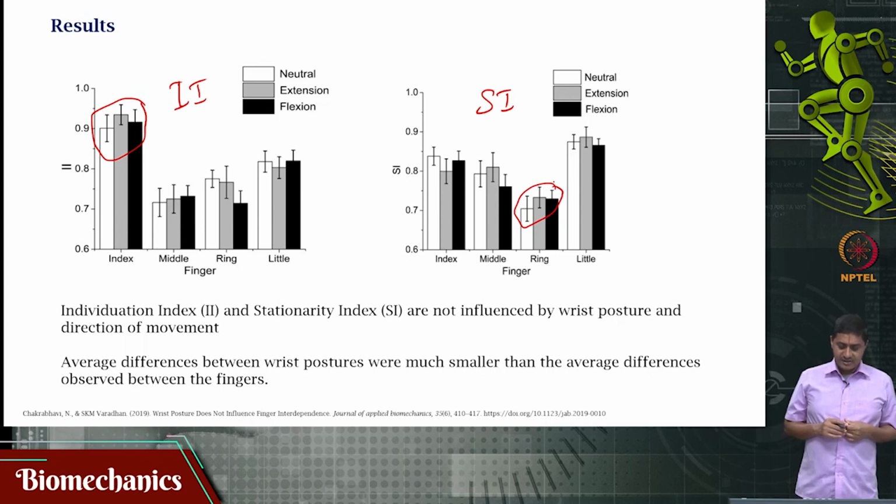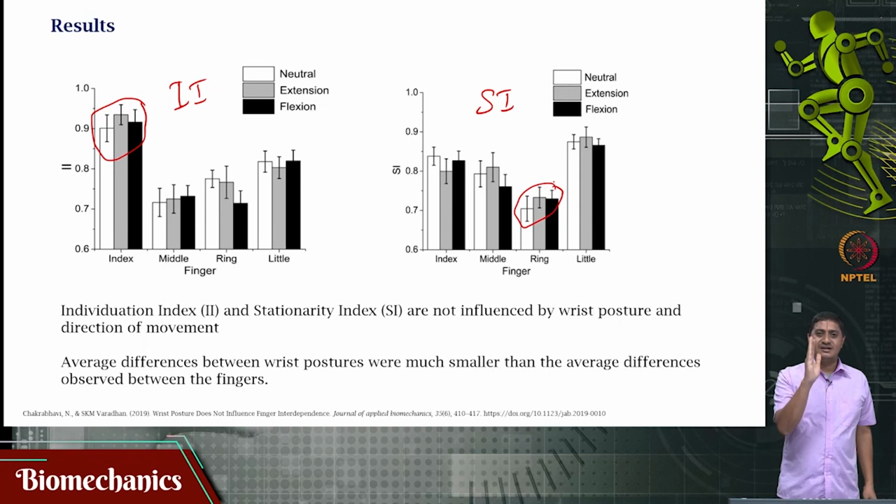Importantly, we found that the average difference in enslavement between the three wrist postures was much smaller than the average difference between the enslavement of fingers. Okay.